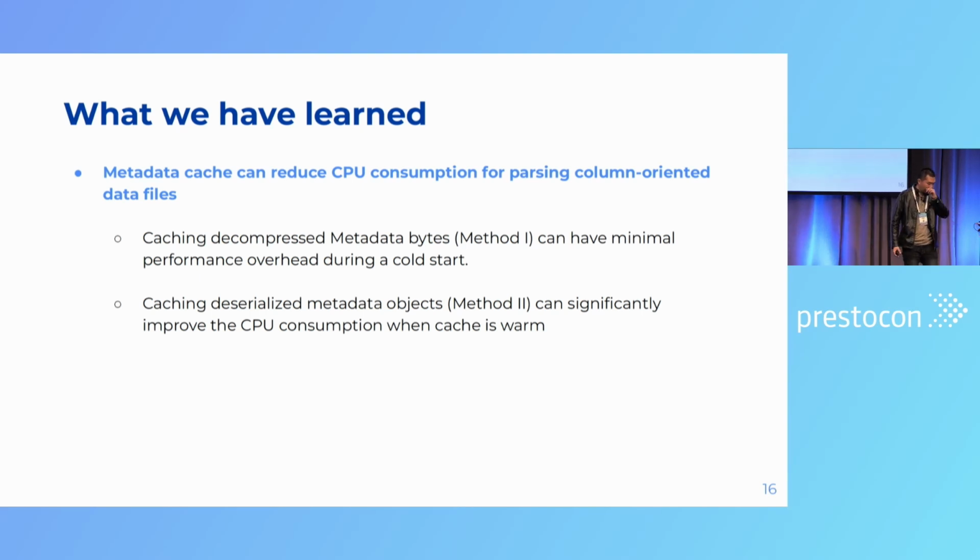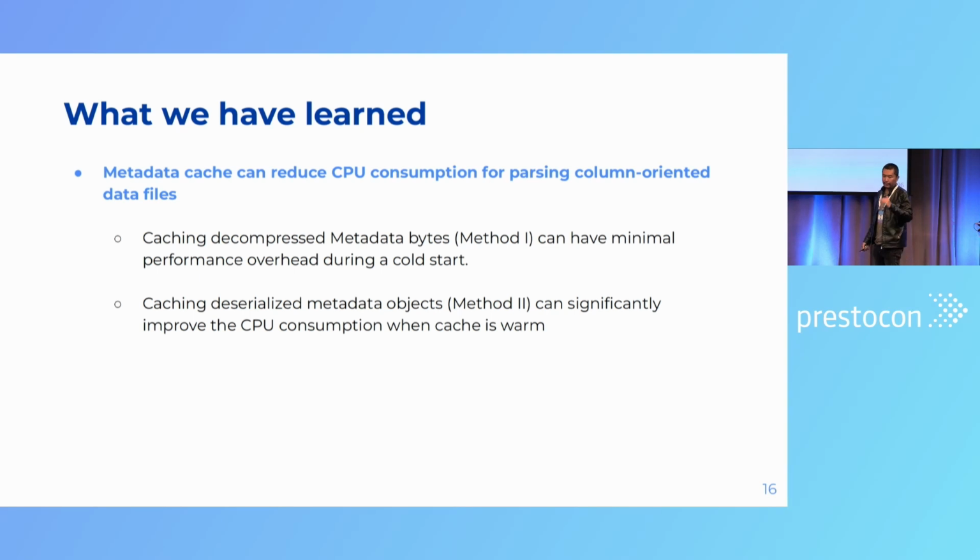I think that's aligned with what we have seen for the local cache, the Raptor X project, where we just cache the raw bytes, and we see maybe 10% or 20% overhead for the cold start.